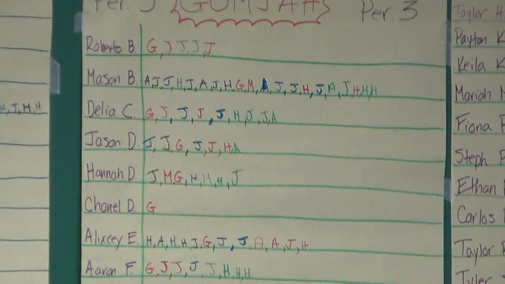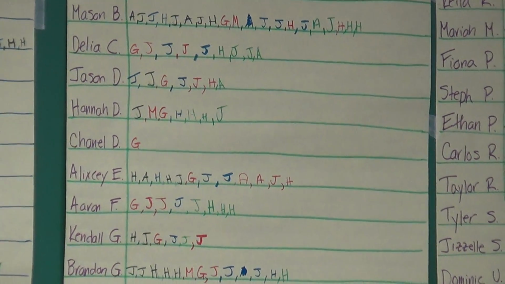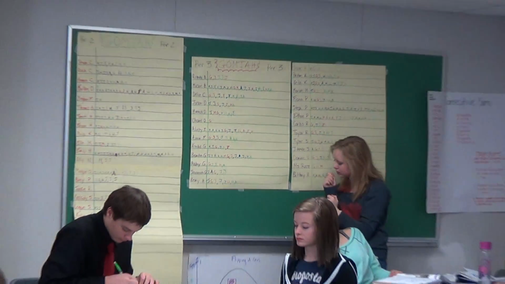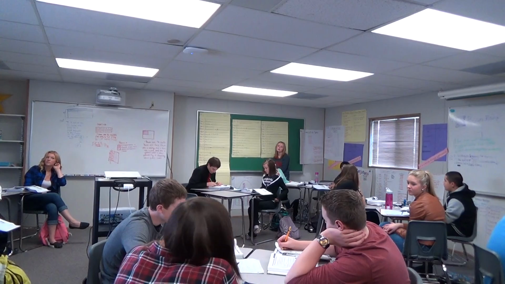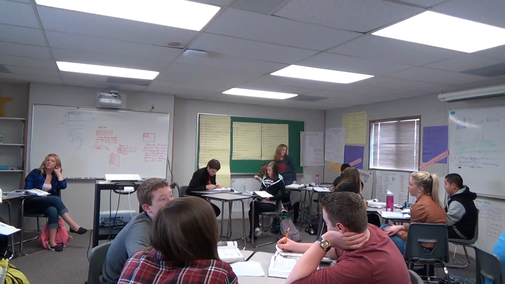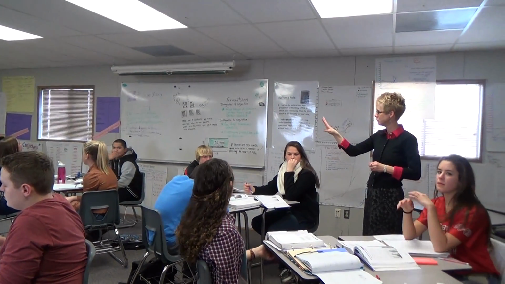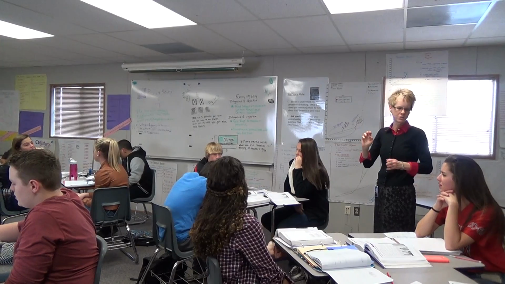Okay, now I'm hearing there's 4 possibilities, there's 3 possibilities. Up there it was half and half. So I have a couple groups that say there are 3 possible outcomes, and you guys say there are 4.